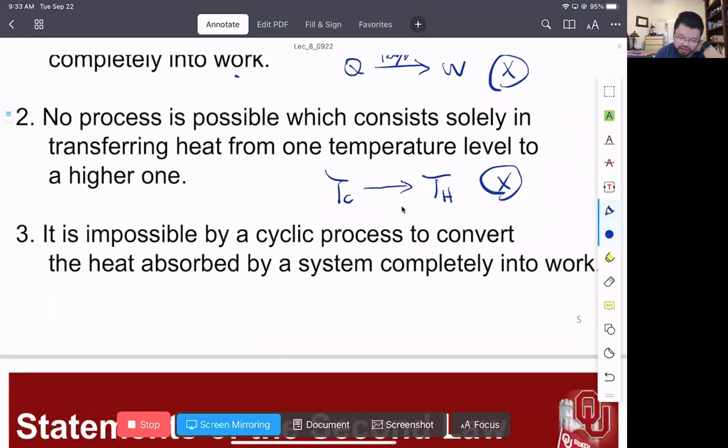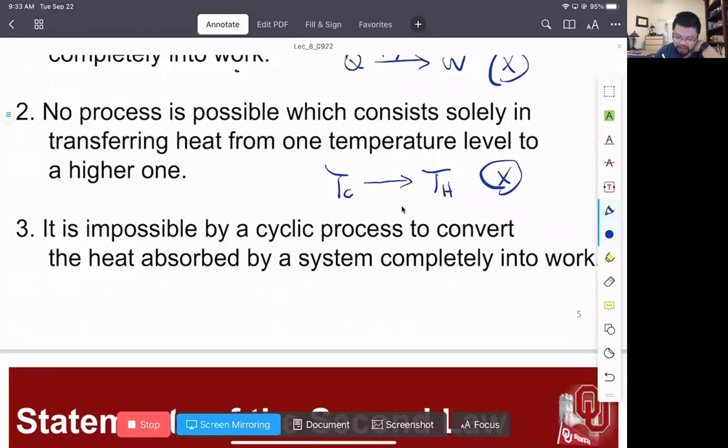The third statement says it is impossible by a cyclic process to convert the heat absorbed by a system completely into work. So a cyclic process, so this is the initial state A, we try to make a cyclic process coming back to the initial state, then we understand that it's not possible to completely convert heat into work.